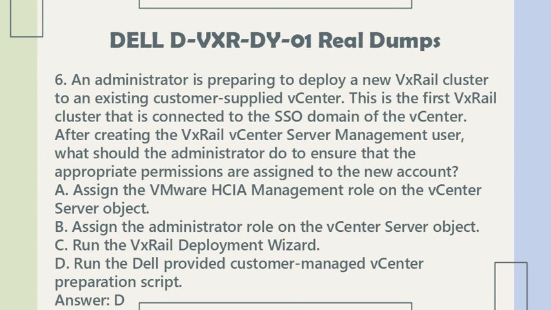A. Assign the VMware HCIA management role on the vCenter server object. B. Assign the administrator role on the vCenter server object. C. Run the VxRail deployment wizard. D. Run the Dell-provided customer-managed vCenter preparation script. Answer: D.